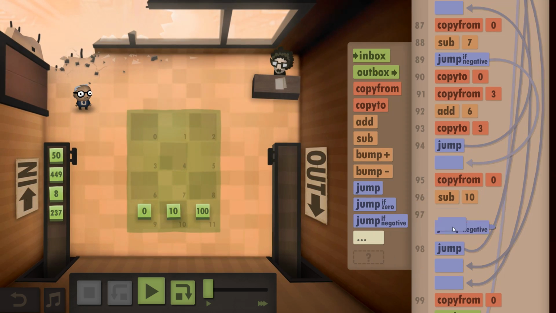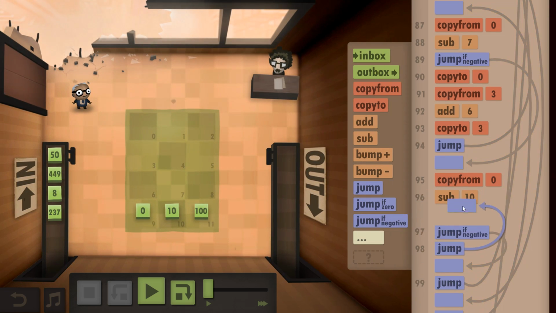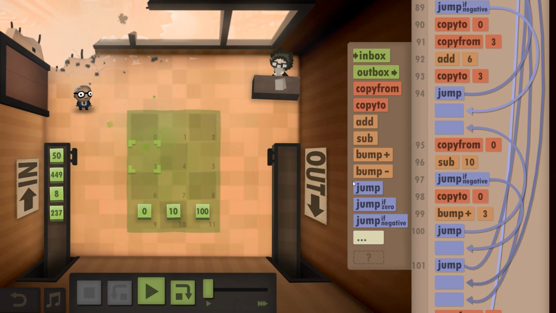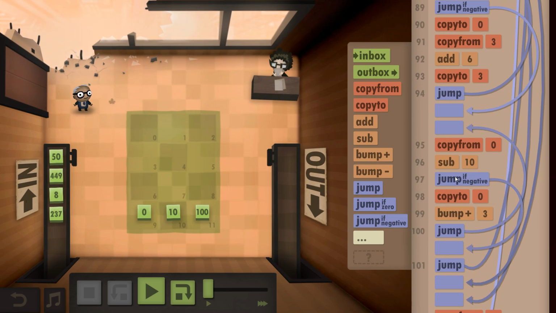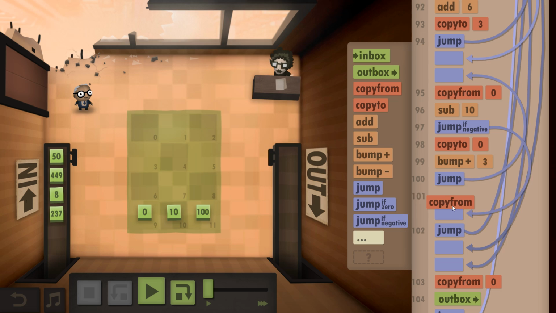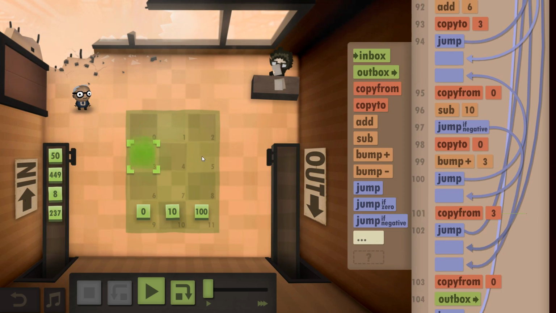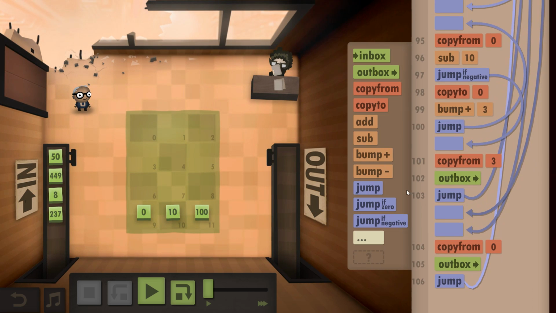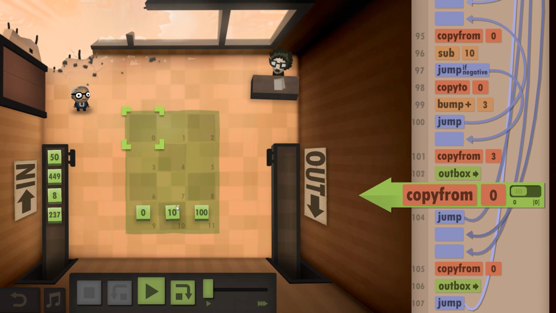If it's negative, jump out. If it's not negative, do it again. Save it. Bump up the counter by 1. If it's negative, copy from the counter and outbox it. Then reset the counter, I think.